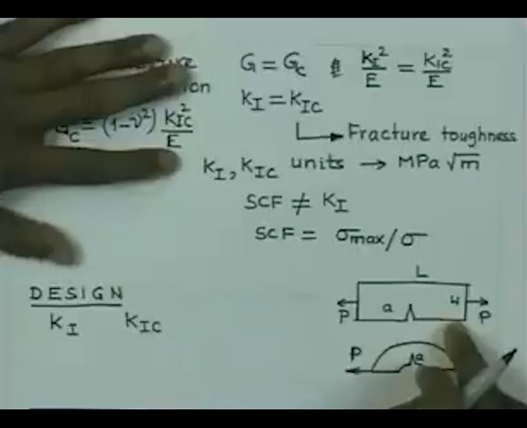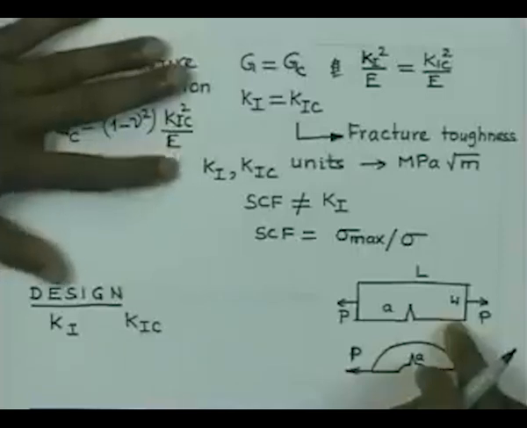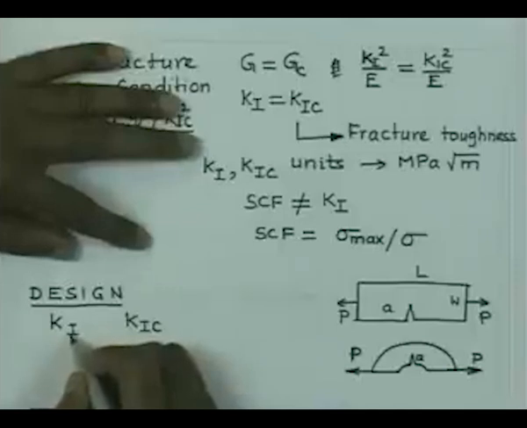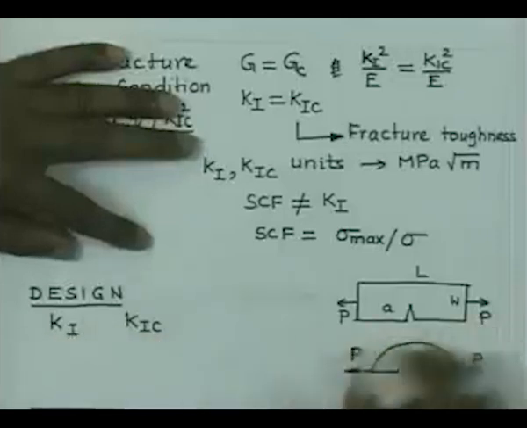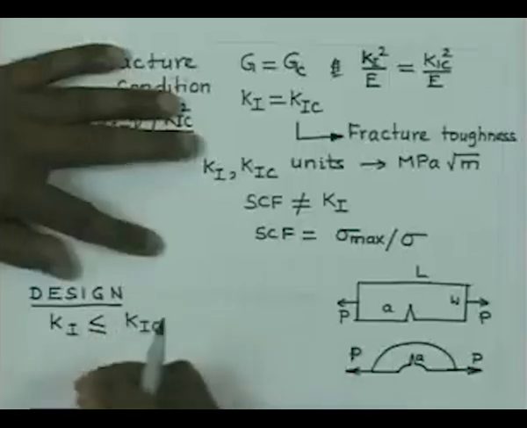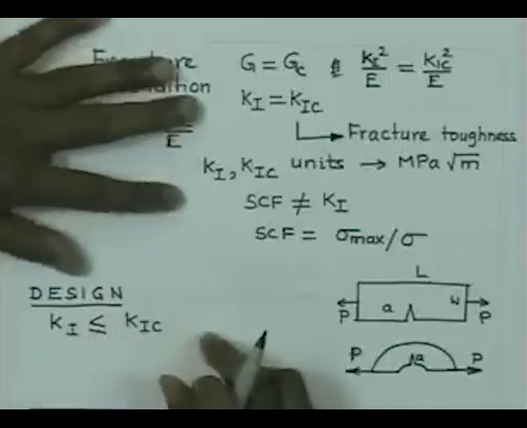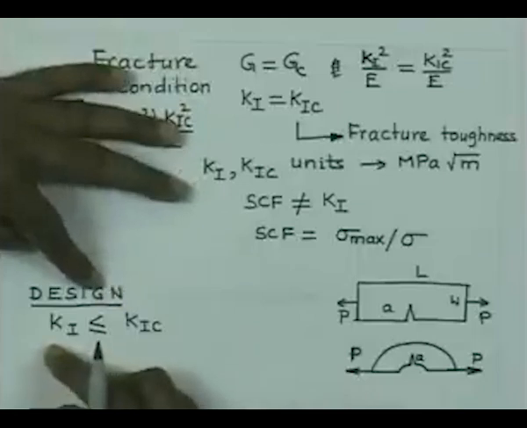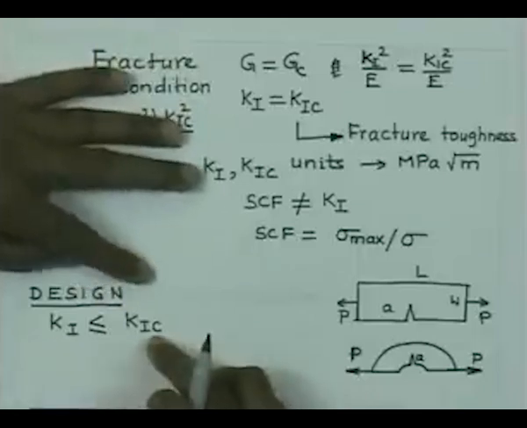Now, for assessing the safety, it is necessary to see that this stress intensity factor existing at the crack tip is less than or equal to K1C. So, K1 is less than K1C, wherein K1 is the stress intensity factor and K1C is the fracture toughness.